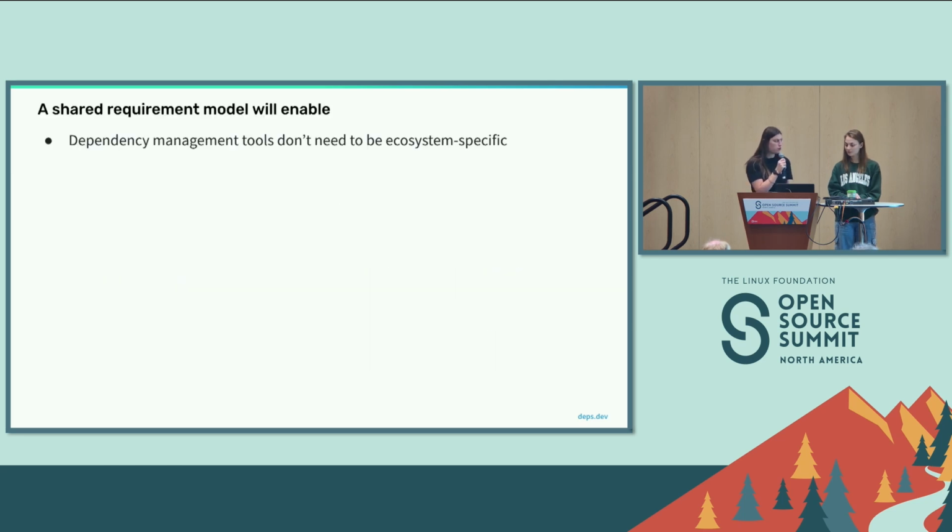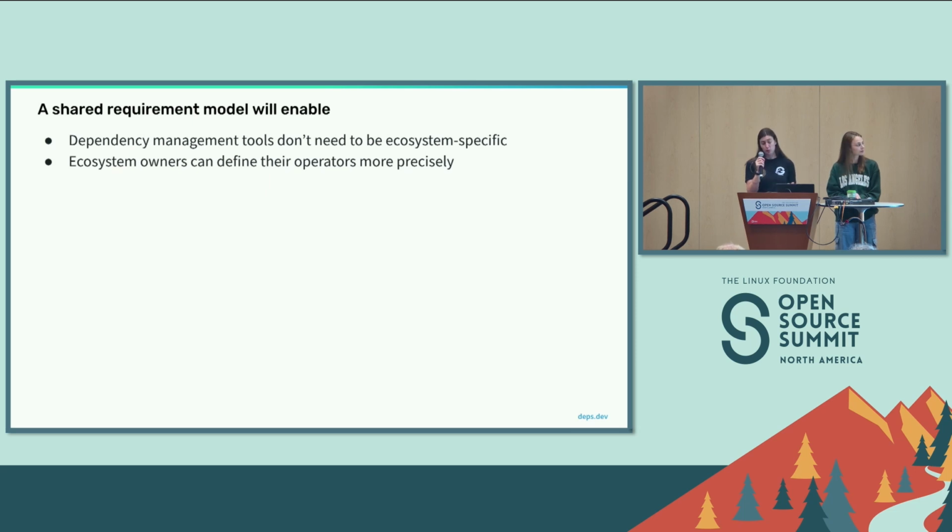A shared requirement model will reduce duplication of effort. Currently, there's a dependency resolution tool for each ecosystem, and of course, each of them works differently. Later in this talk, we'll actually show how the multi-platform OSV tool has leveraged a shared requirements model to handle vulnerability management. A shared model can also help ecosystem owners define their own operators much more precisely.